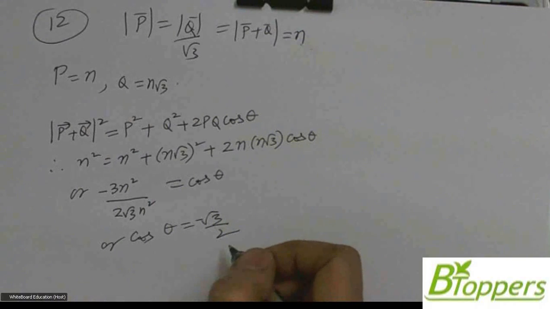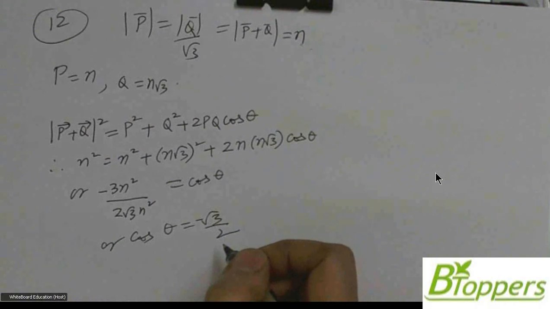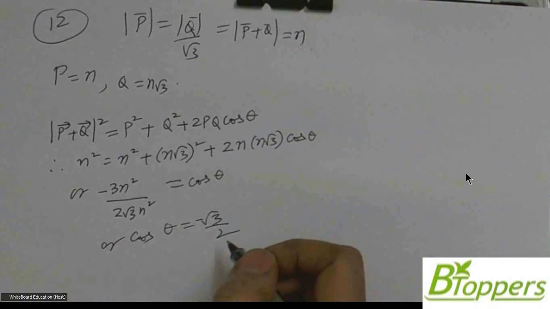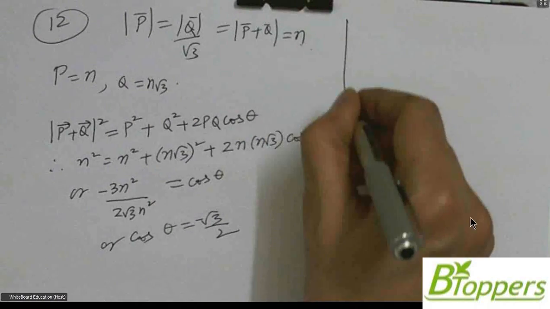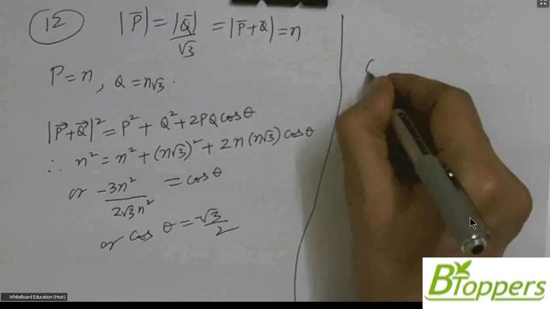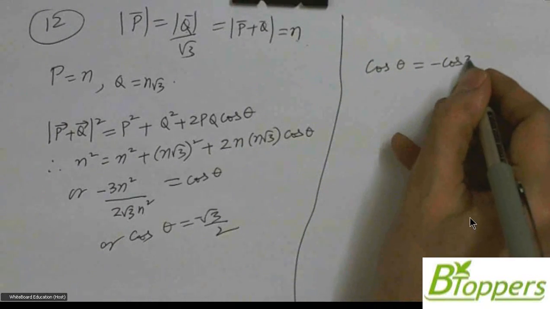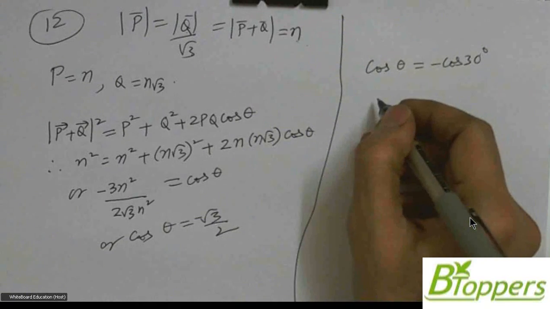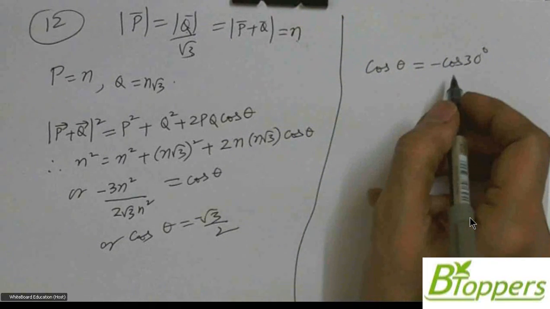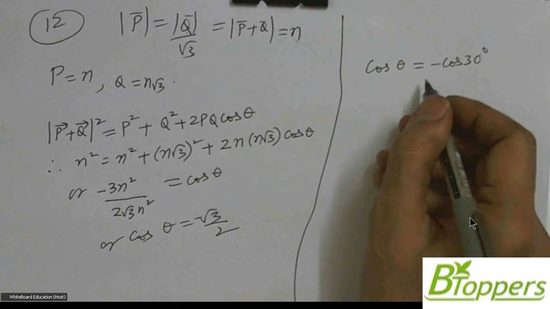We know that the value of cos 30 degrees equal to root 3 by 2. So you get cos theta equal to minus cos 30 degrees. So as you know, cos 180 degrees minus theta equal to minus cos theta.